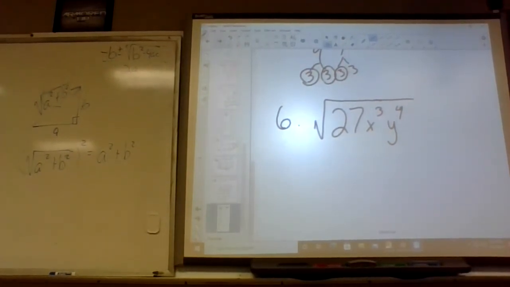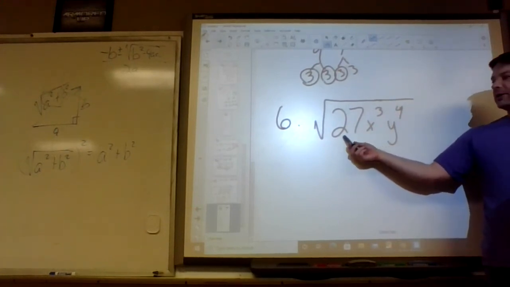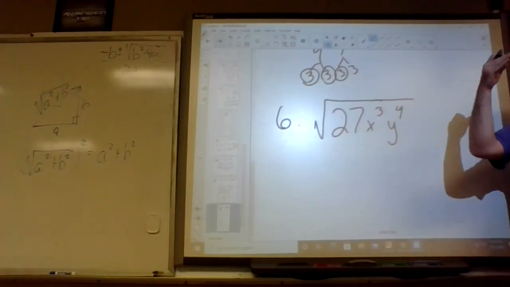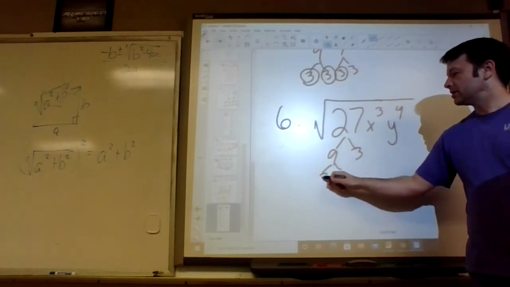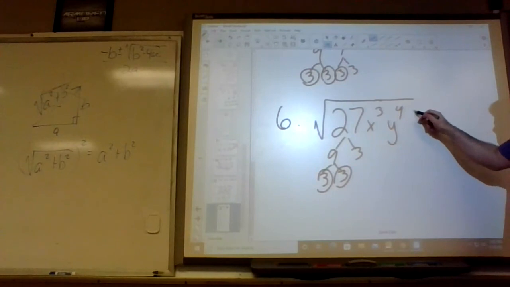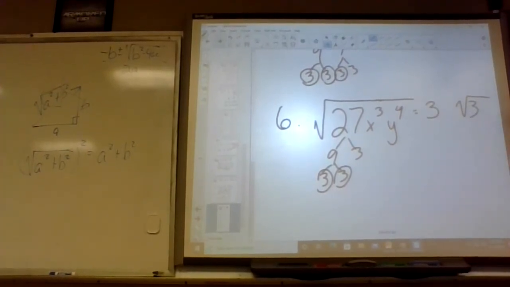Was number 5 3 cube root of 3? Divide by 2. You could use your calculator for the 27 part, just not the letter part. 3x square root of 3x y2. You forgot something.